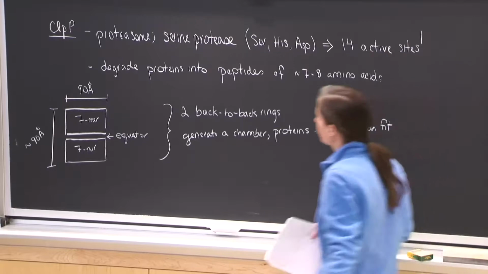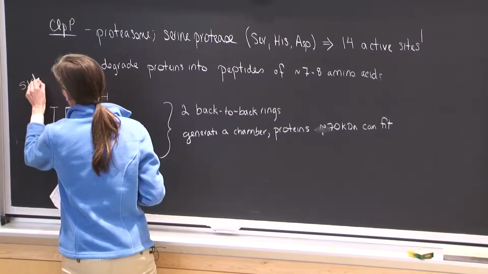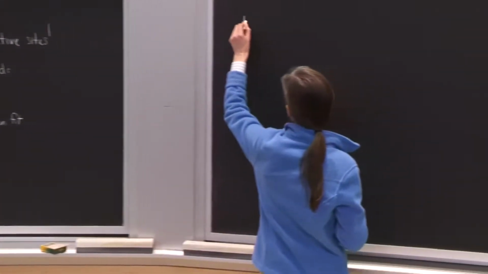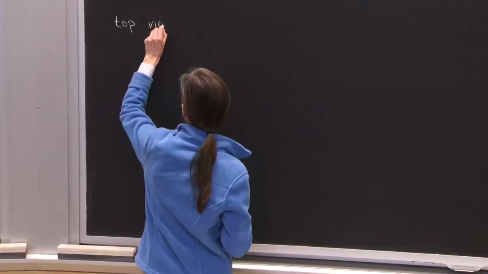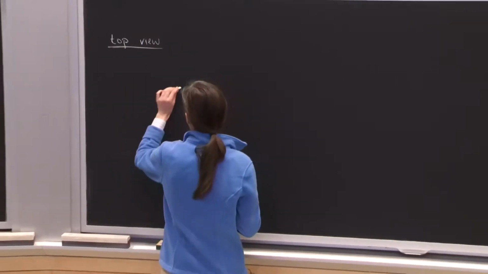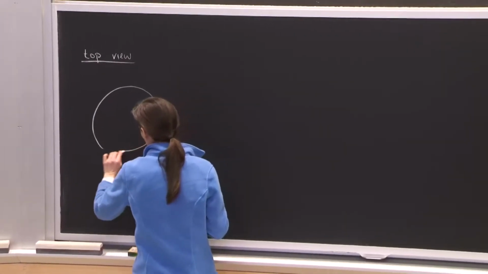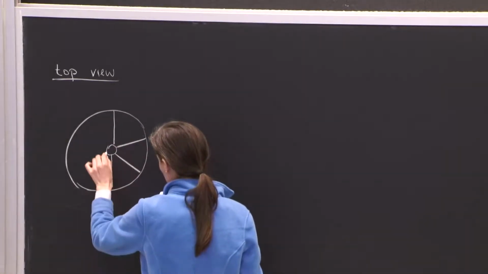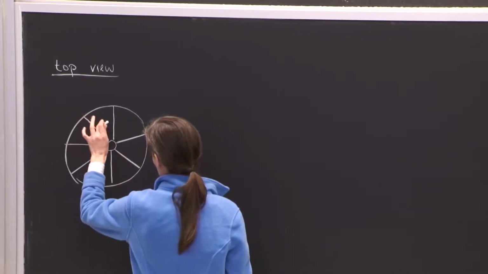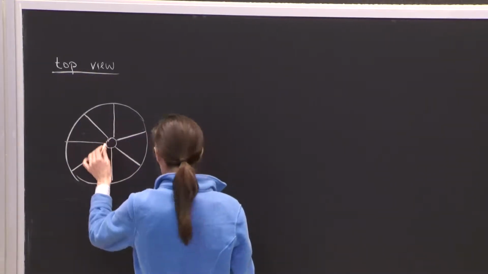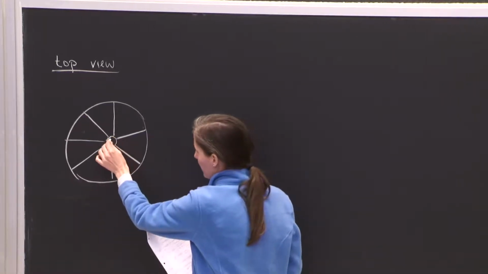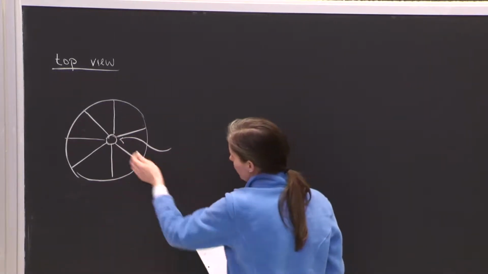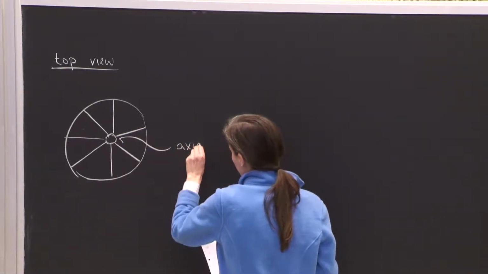Okay, so this is a side view. What we see is that there's a very small pore here. So we have the 7 subunits, and then in the center, there's an axial pore.